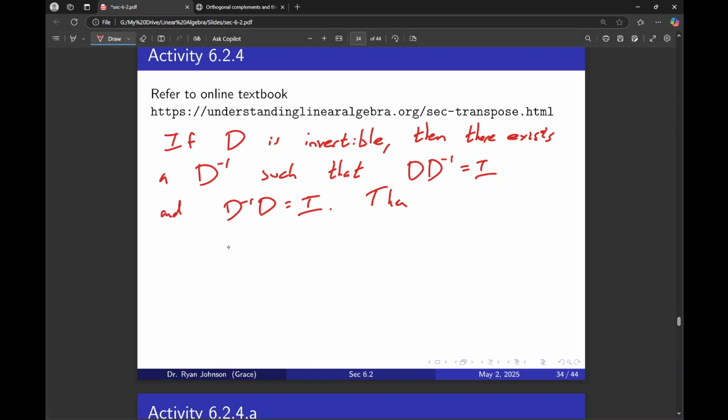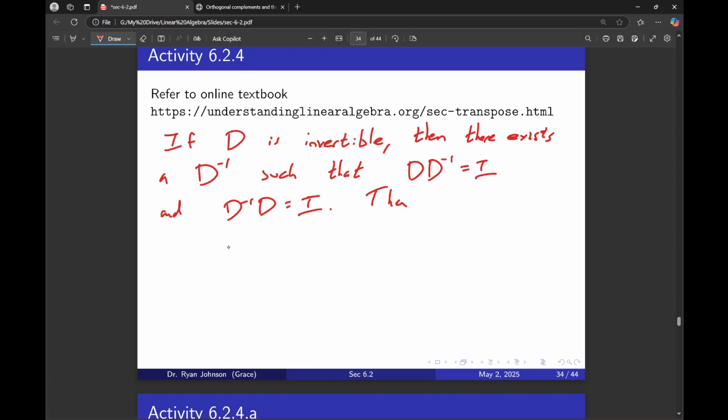How can I, if I move the transpose through, what happens? If I move the transpose inside, then I swap the order. So D inverse transpose times D transpose equals the identity, and the identity transpose is itself.